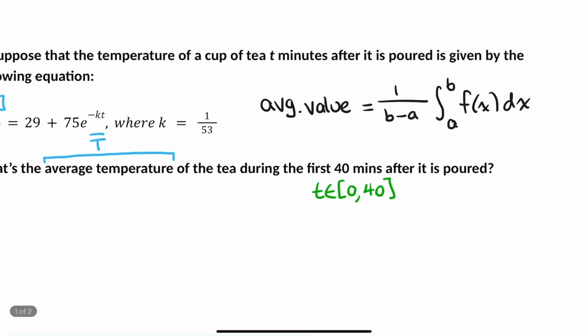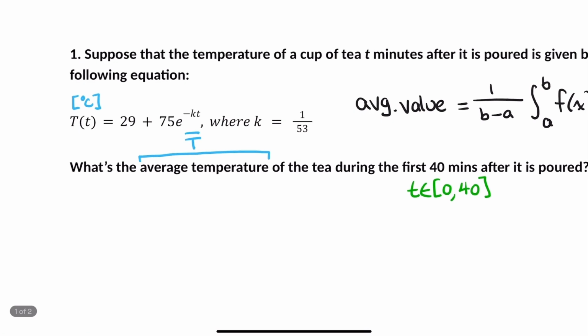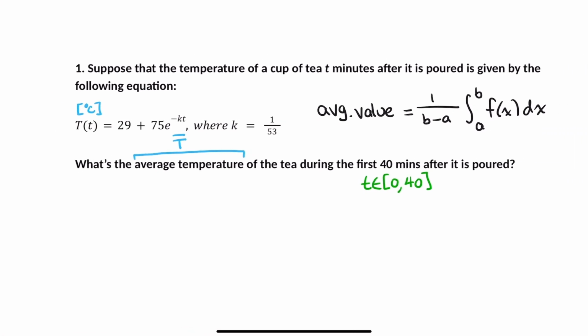So in our case, a is going to be 0 and b is going to be 40. So let's go ahead and try to solve this. We can say that capital T of t is equal to 29 plus 75 e to the power of negative 1 over 53 t.